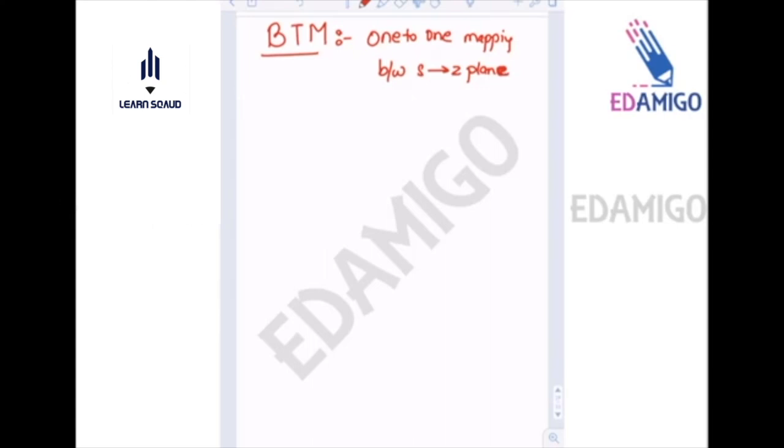Okay, so let's start with the analog system H(S) equals B upon S plus A. So we can say that Y(S) is equal to B upon S plus A into X(S).